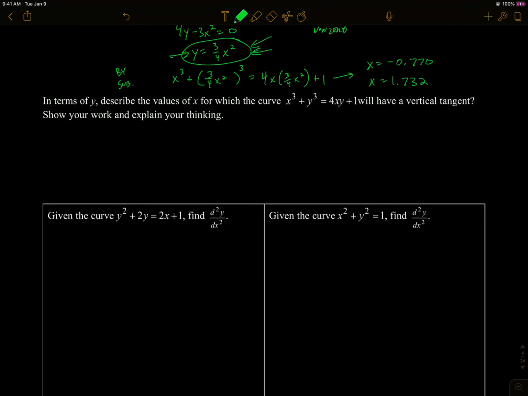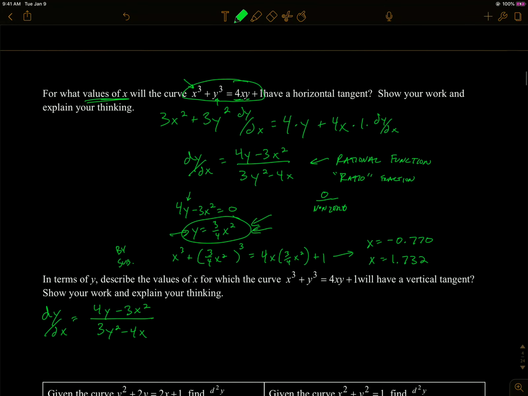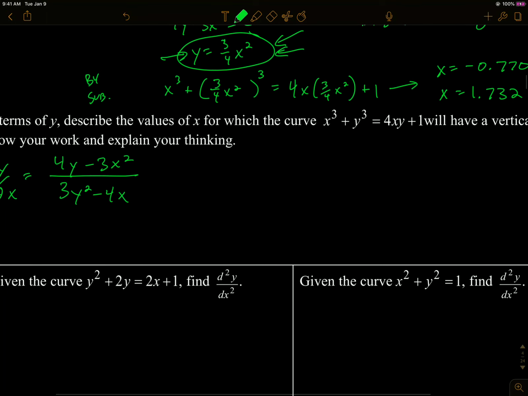Okay, so in terms of y, describe the values of x for which that curve will have a vertical tangent. So now it's the same curve, so it's the same derivative. So we got 4y minus 3x squared over 3y squared minus 4x. So a rational function is undefined when I have a non-zero over 0. So now I'm just worried about setting the bottom equal to 0.